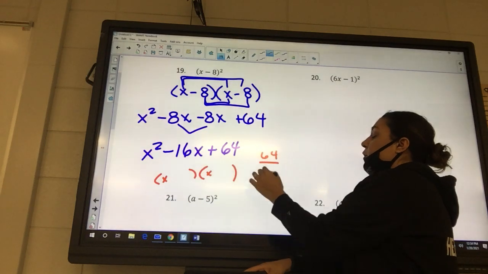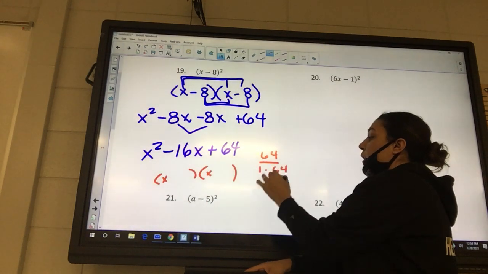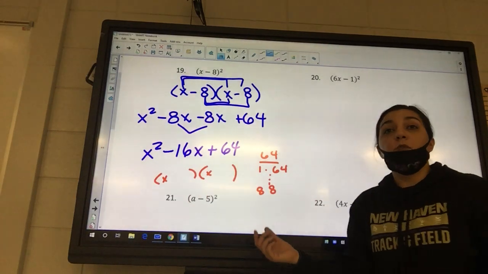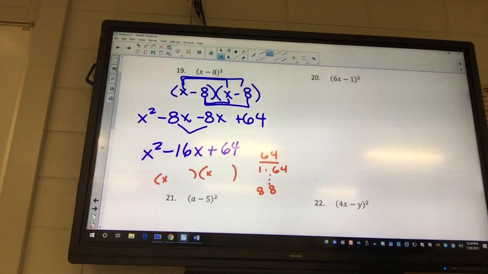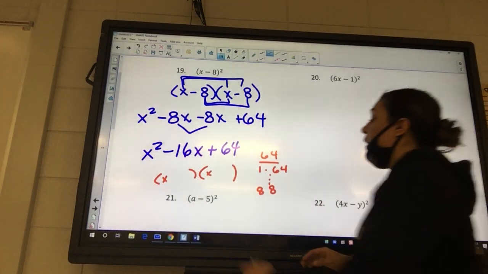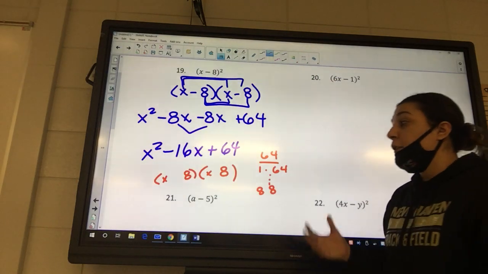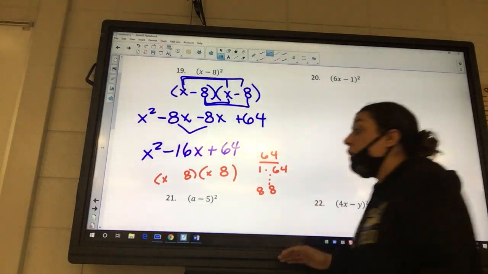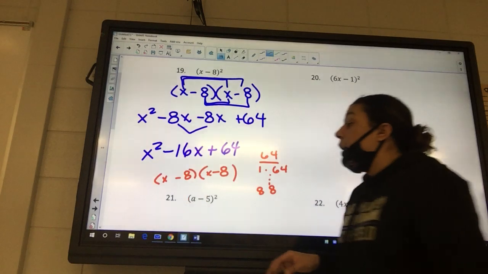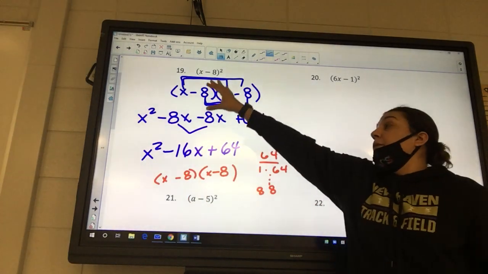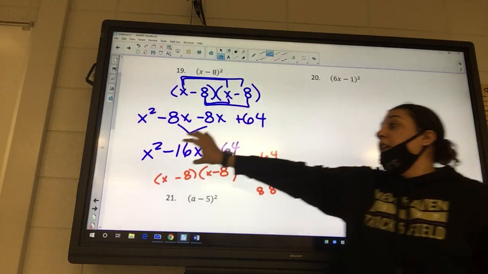You'd list them all, 1 and 64 or whatever, and you have 8 and 8. And we say, well, what adds or subtracts to give me what? Negative 16, because that's my middle term. And so I would fill in the 8 and the 8. And then I would say, what are the signs going to be? Minus, minus.